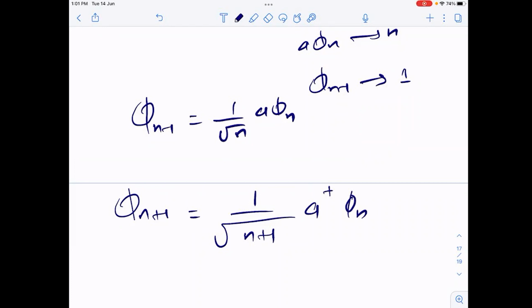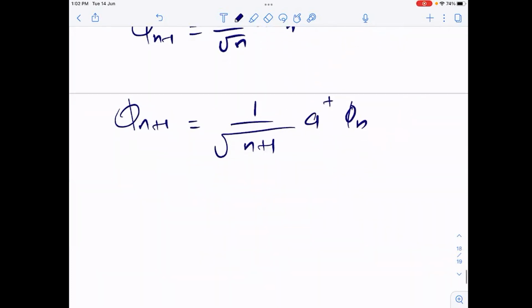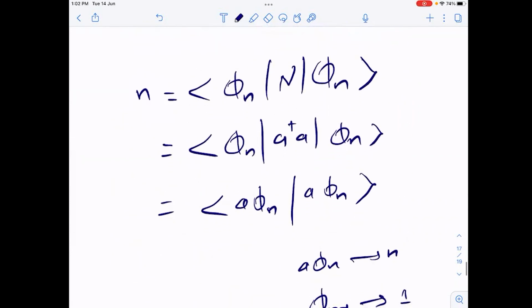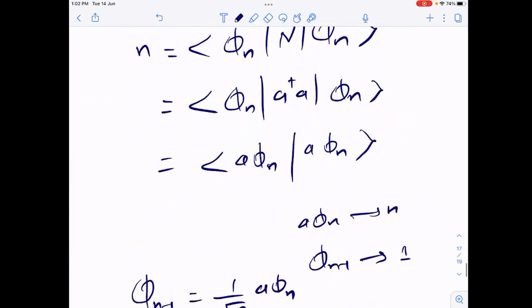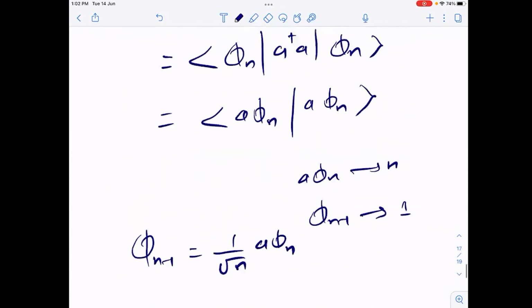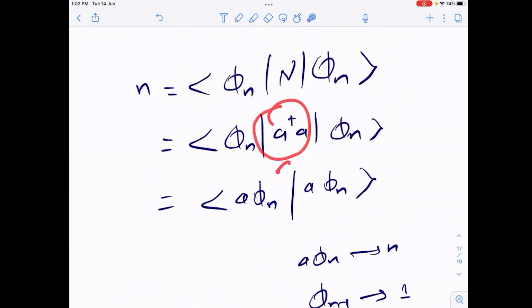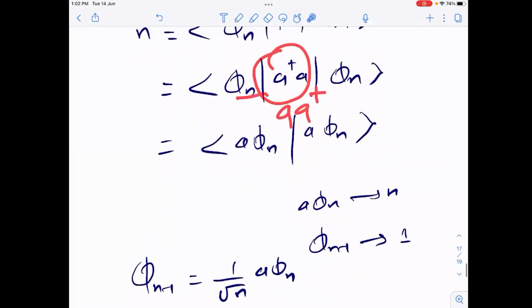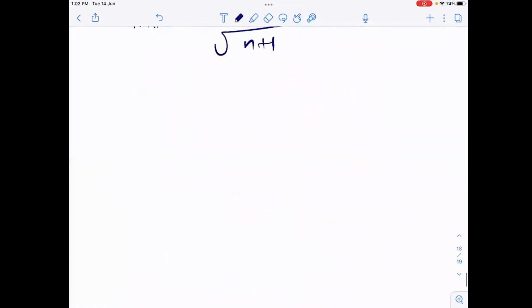So how do we write the matrix element for operator a dagger? First, let's go from here. So this is for a. Now let's write it for a dagger. I am changing this to a dagger. What will happen? Let me write it so you can have it in the notes as well.